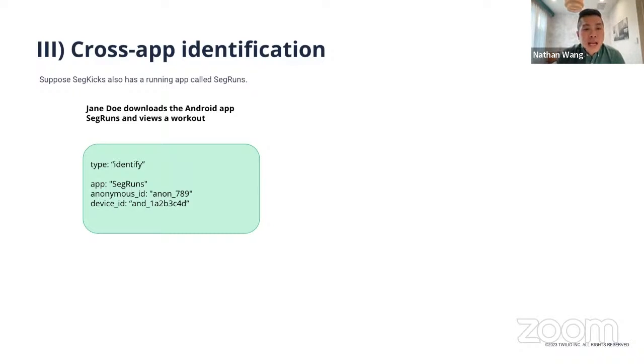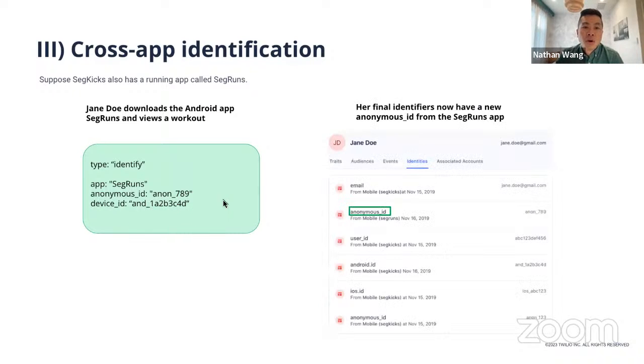And this time, again, a new anonymous ID is generated, this time ending in 789. But because of the existing Android ID in her identity profile, we're able to automatically include this new anonymous ID from this app and be aware of her activities on this second app of SecRuns.